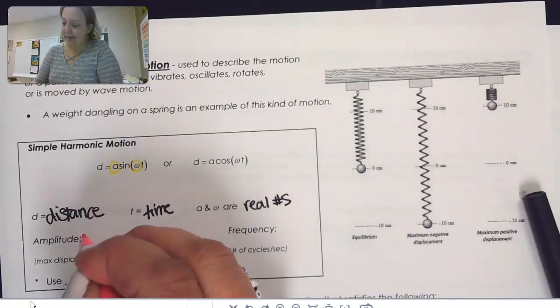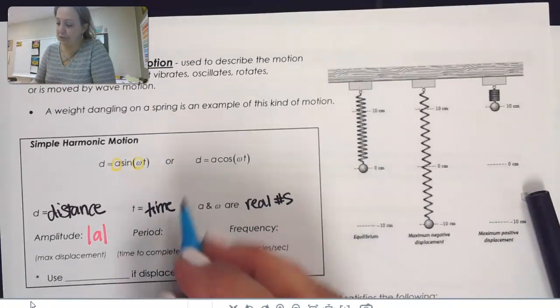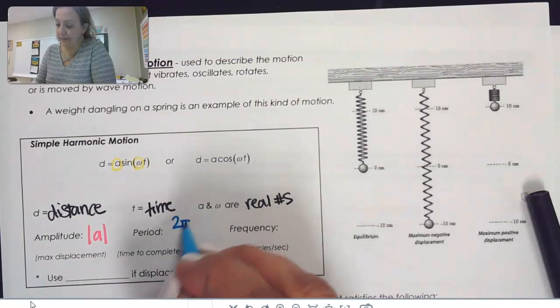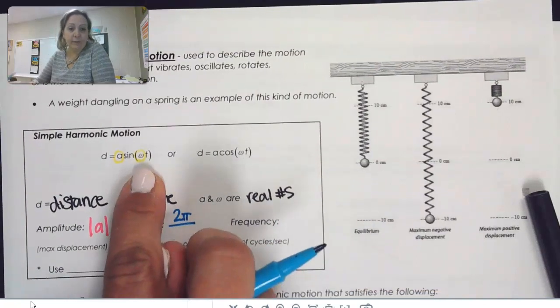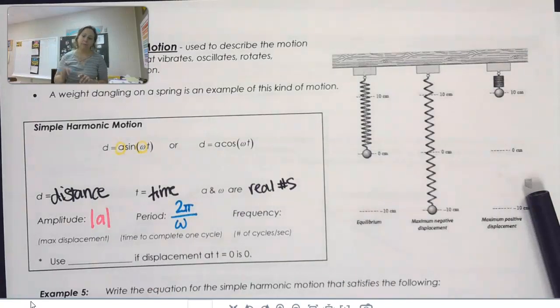Per usual, our amplitude will be the absolute value of A. Now, when we were dealing with the trig functions, we said that our period was 2 pi over B. Well, here our B has been replaced with omega. So our period is going to be 2 pi over omega.